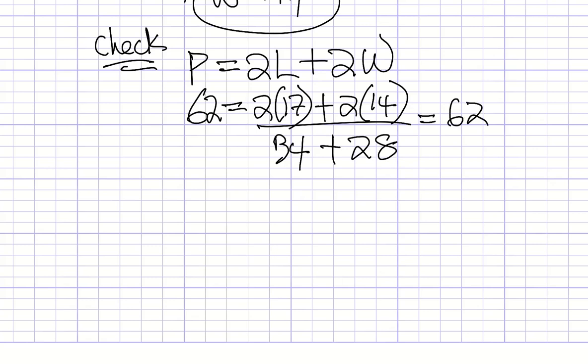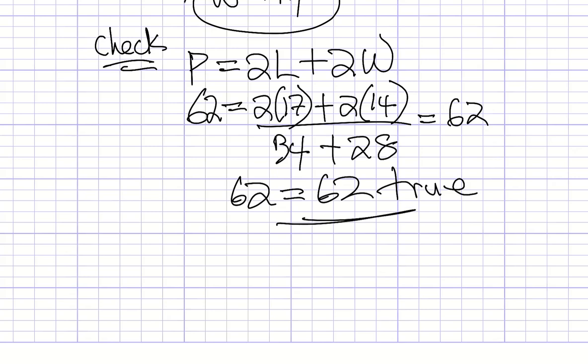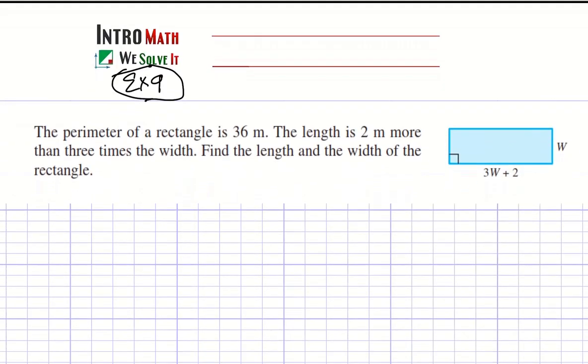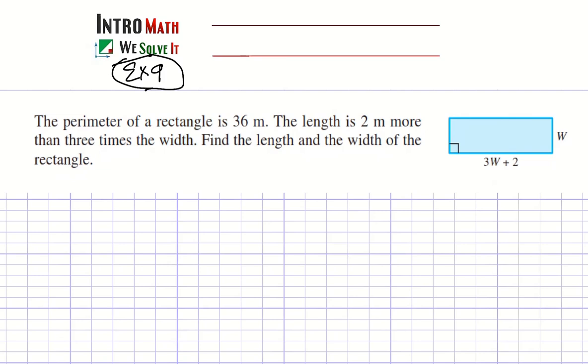So this is true, 62 equals 62. That checked out. We're done with the problem. We'll nail it. When I checked the problems they said in the GED, this kind of problem is all over the place.